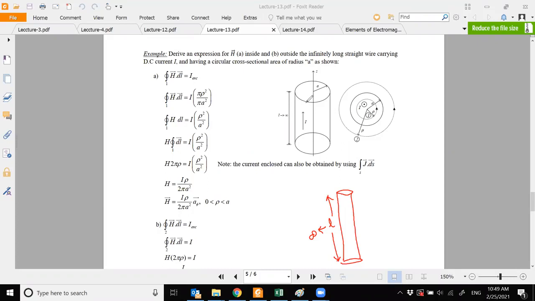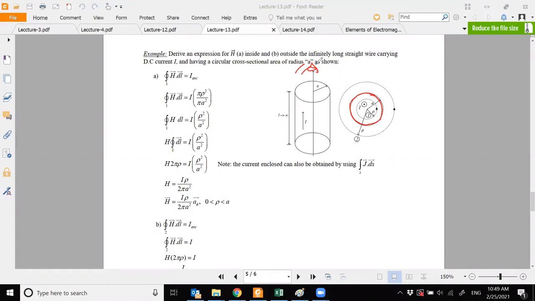Again, we will do the same. We will apply Ampere's law. If I see the top view from here, this is my wire.